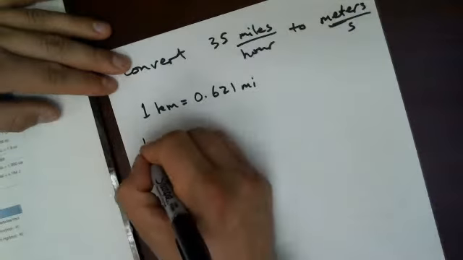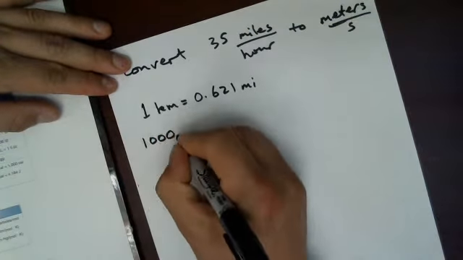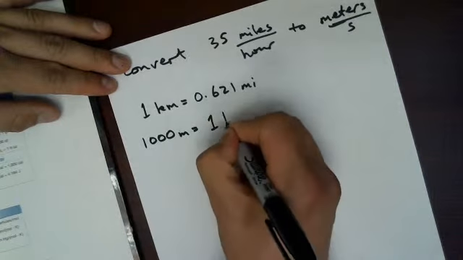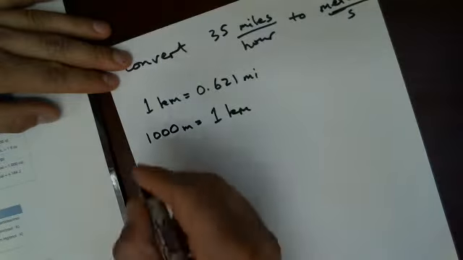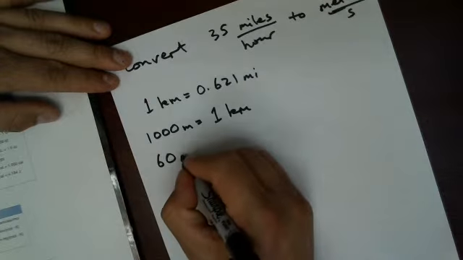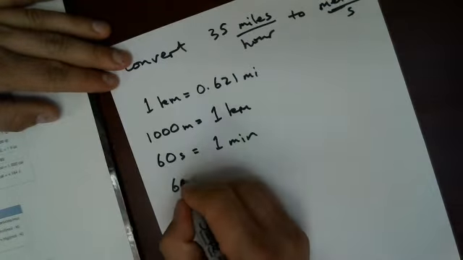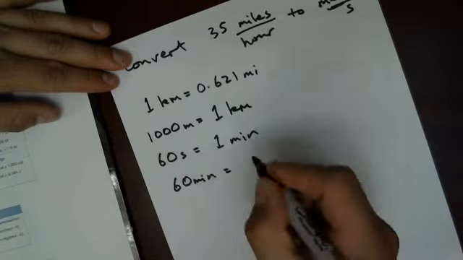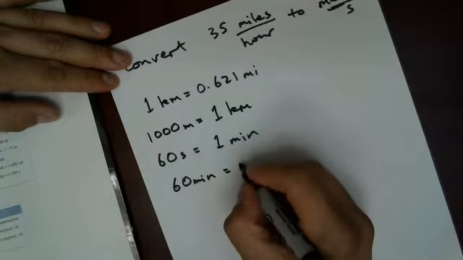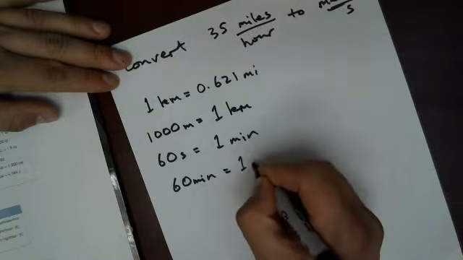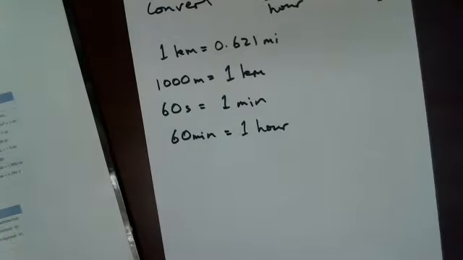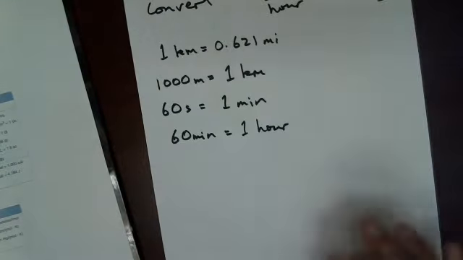You should also know that there is 1,000 meters in 1 kilometre, 60 seconds equals 1 minute, and 60 minutes equals 1 hour. These are the things that we need to do this question.